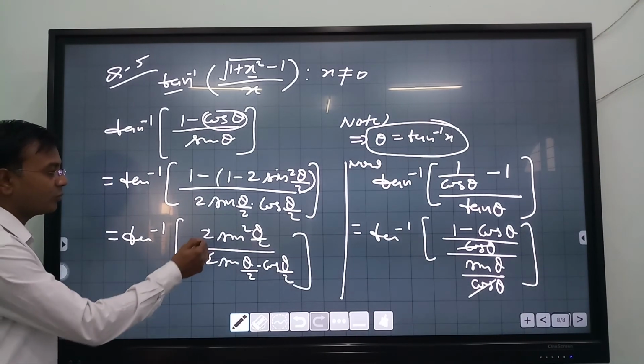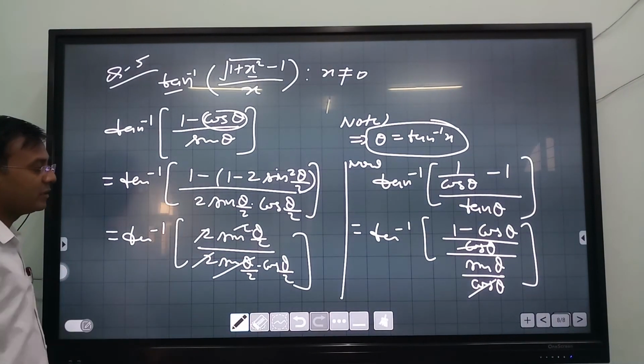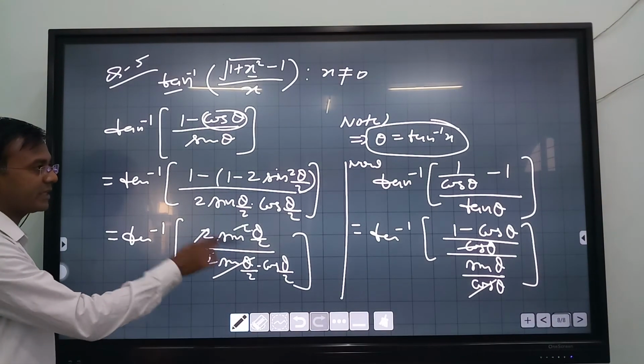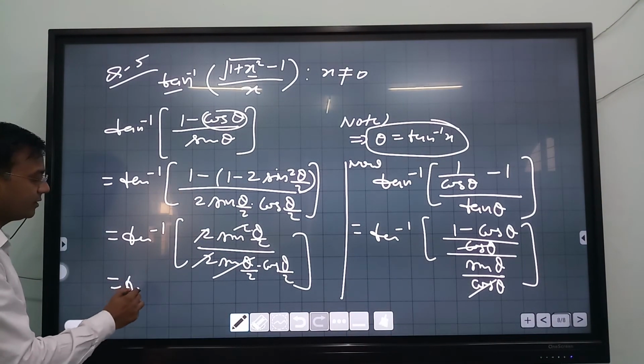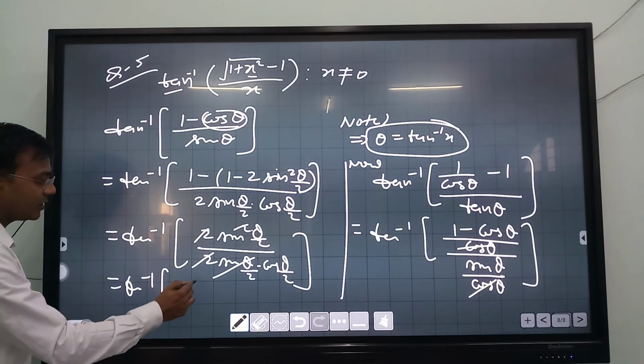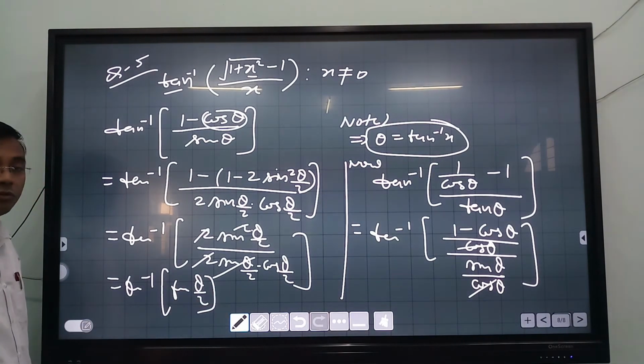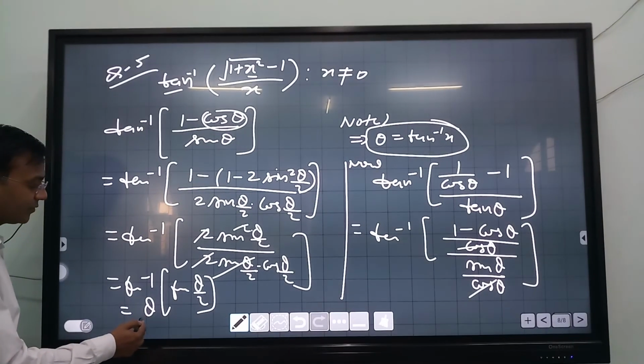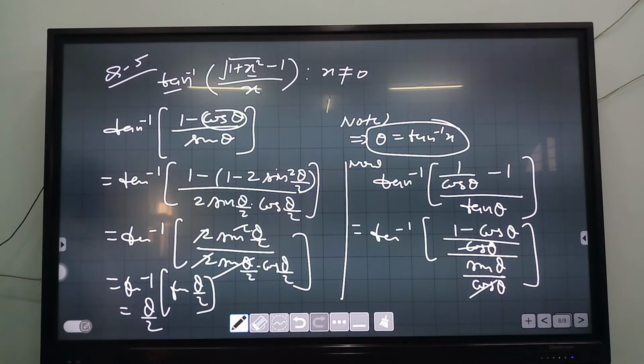So 2 and 2 cancel, the square cancels, we get sin by cos, and sin by cos means tan. So tan inverse tan theta by 2, which means only theta by 2.